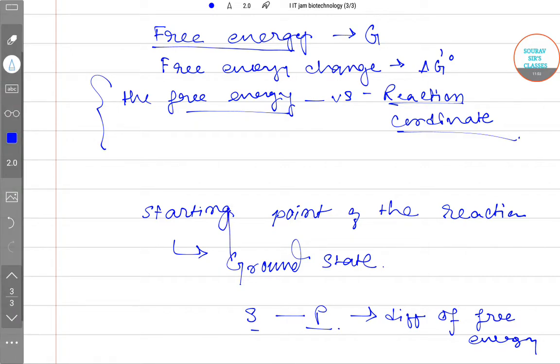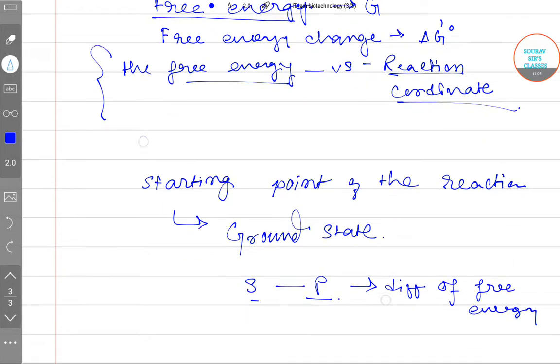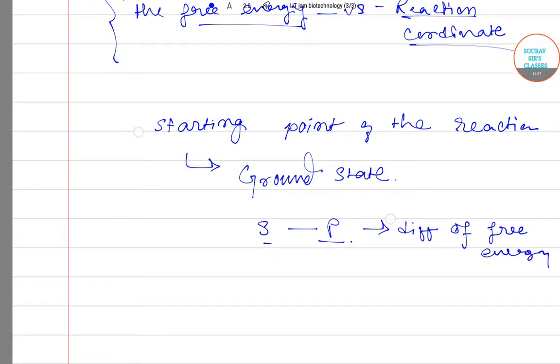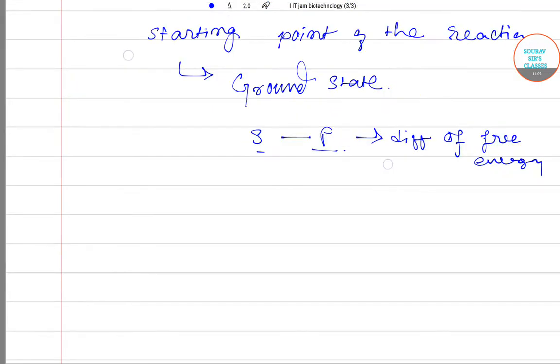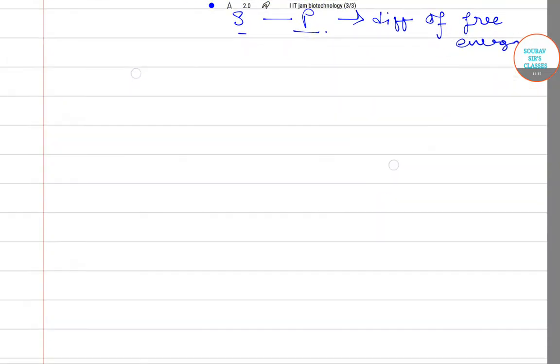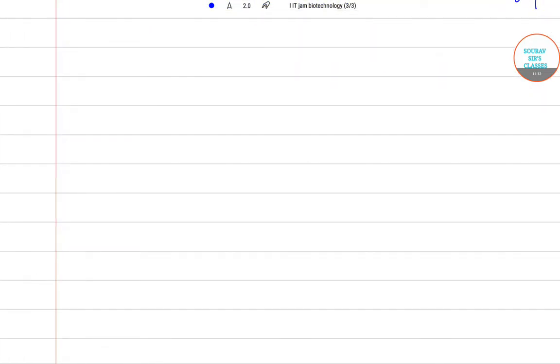Okay, now let's draw the reaction coordinate diagram, so that you will get very clear about this mechanism. First, there is a y-axis and the normal x-axis. So here in the x-axis we will plot the reaction coordinate.